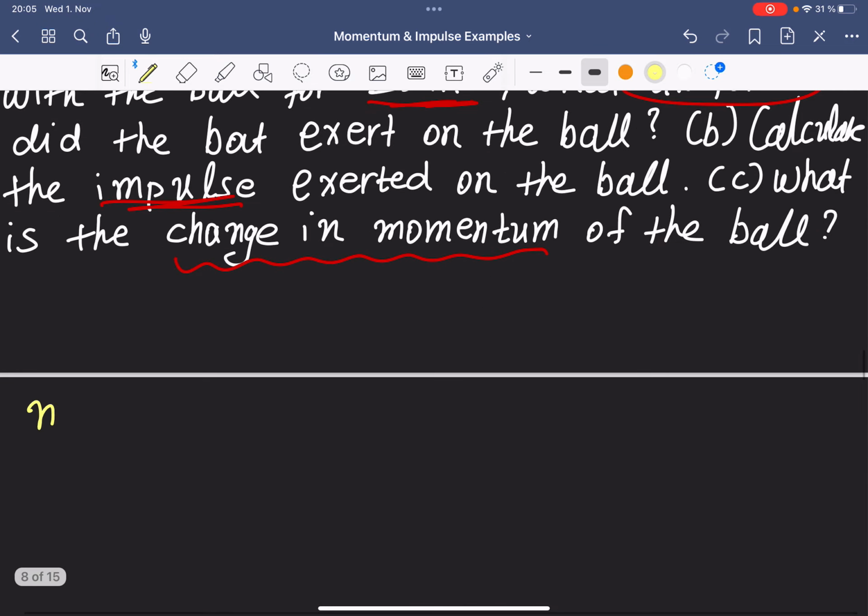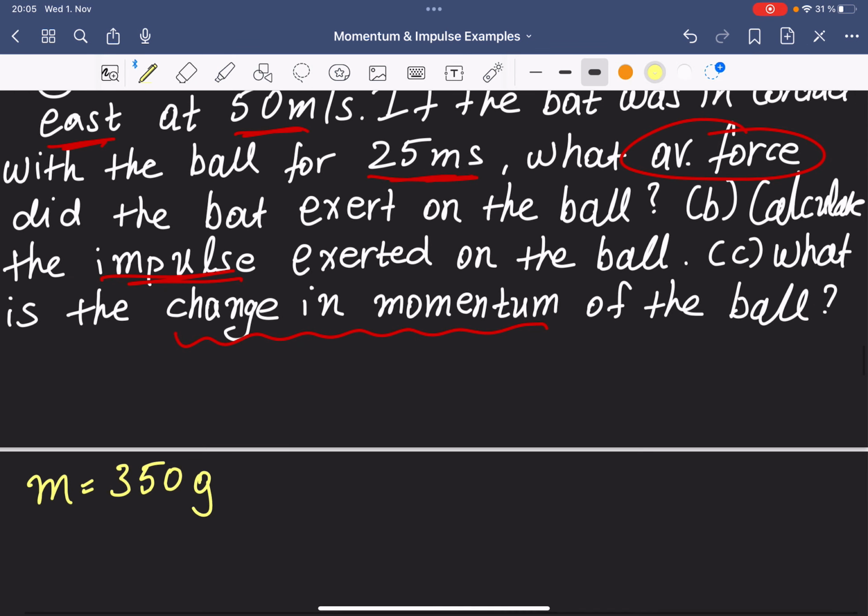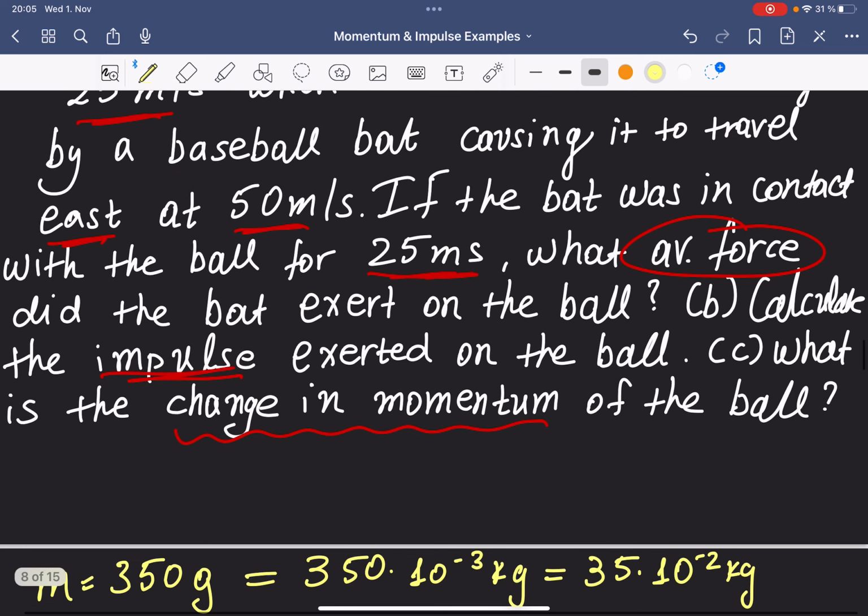We have a mass of 350 grams, which I will immediately convert into kilograms, and I can leave it like 35 times 10 to the minus 2 kilograms.